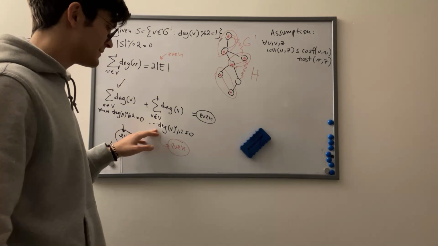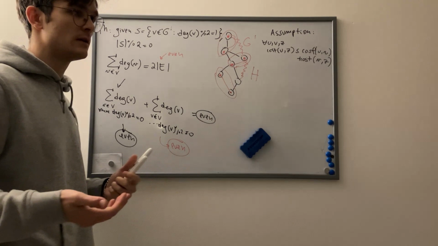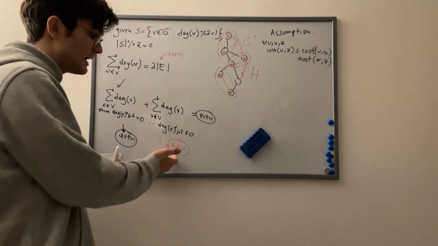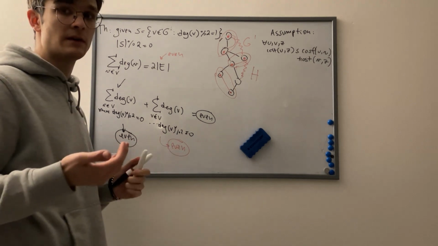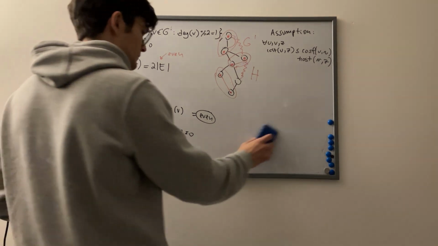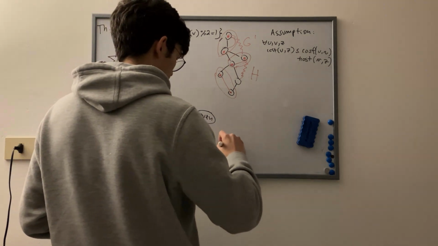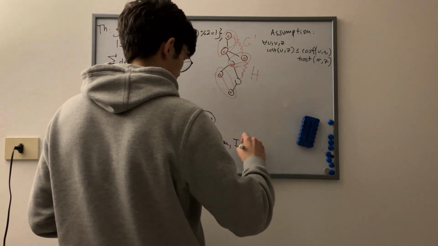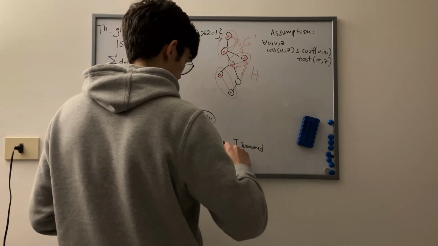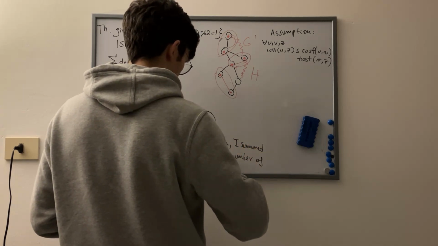So if I sum odd numbers and I want to get an even number, it means that I summed an even number of odd numbers.